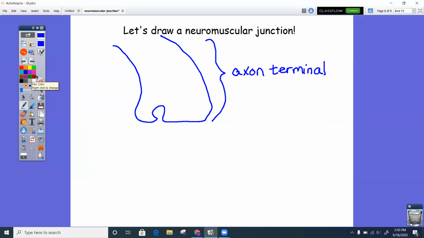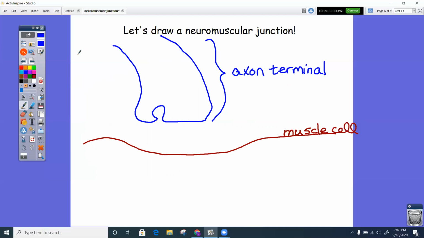And then this is going to be a muscle cell. Sorry, I'm still getting used to this pen.